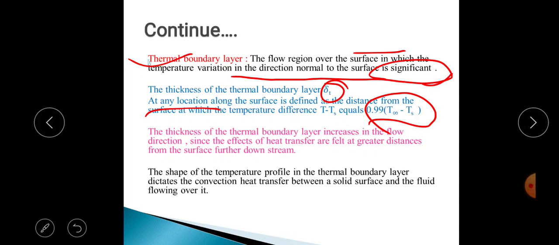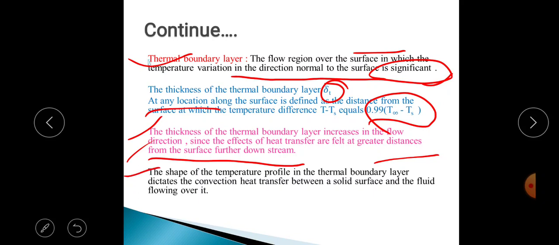The thickness of the thermal boundary layer increases in the flow direction, which is a very important point, since the effects of heat transfer are felt at greater distances from the surface further downstream. So this is the reason.